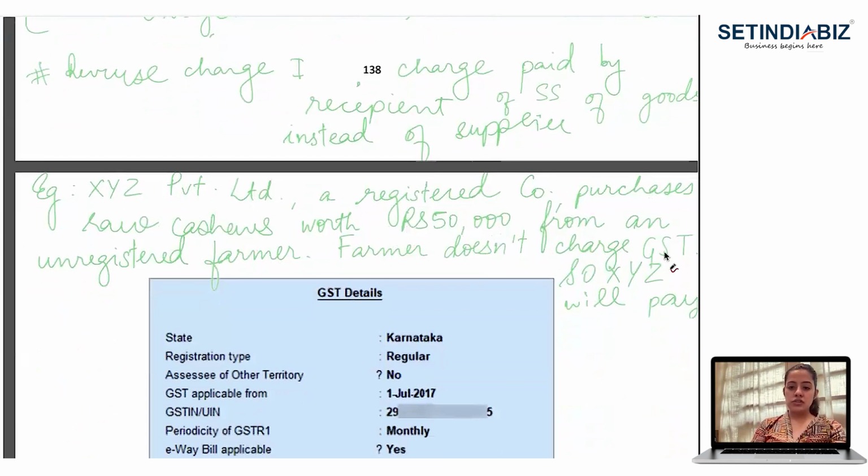The farmer does not charge GST, so XYZ will pay. The farmer is an unregistered dealer. He is selling cashews and XYZ is receiving them. So the supplier of cashews is not paying GST, though the farmer was required to pay GST, but the receiver, that is the buyer, is paying GST.